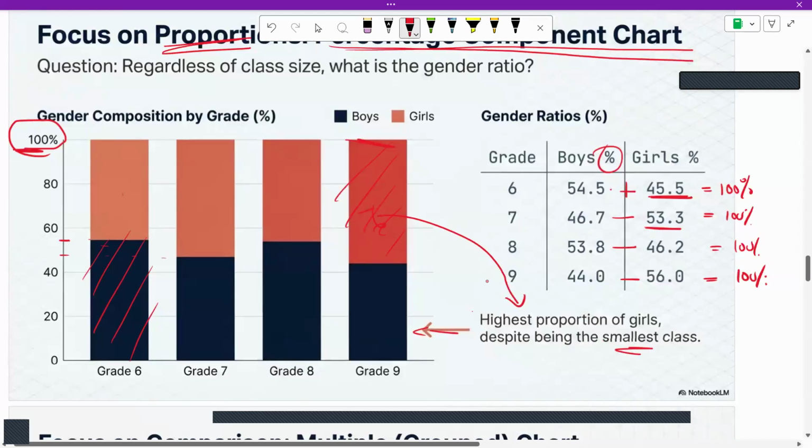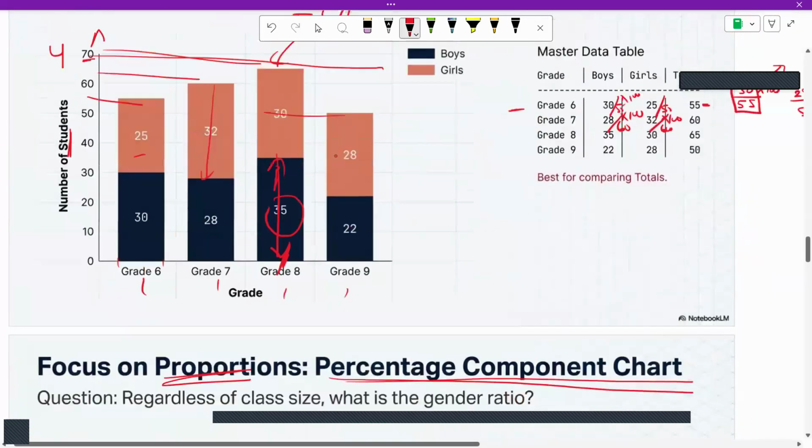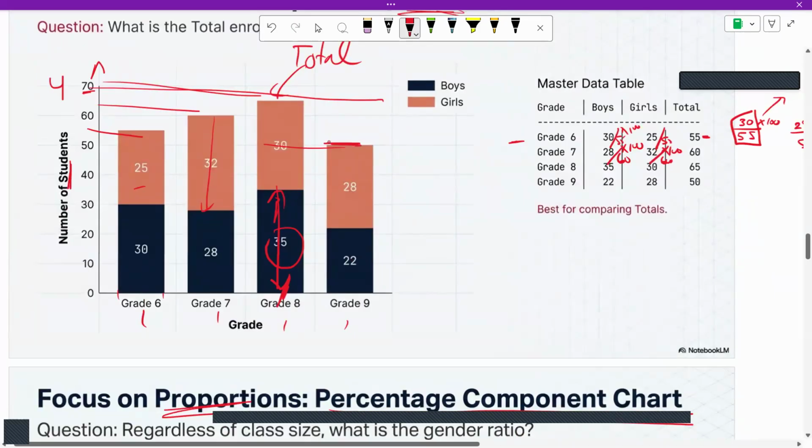Earlier we already found only 28 females in grade 9, but the proportion of females is high in that class. This kind of insight we are unable to get from the other chart. It presents only the count, not the proportion.